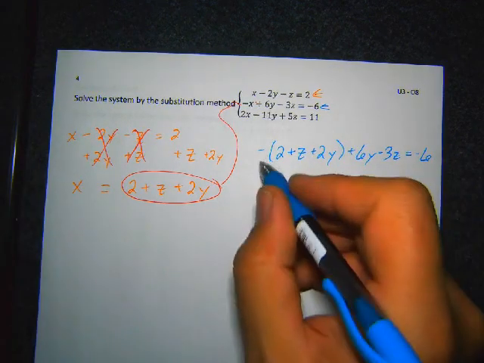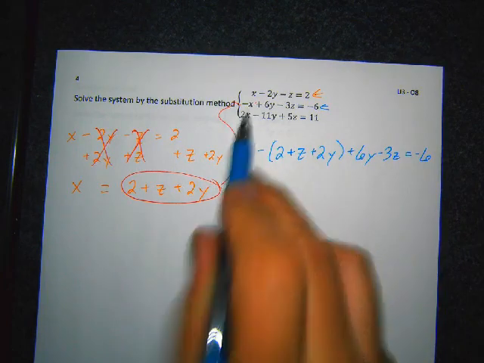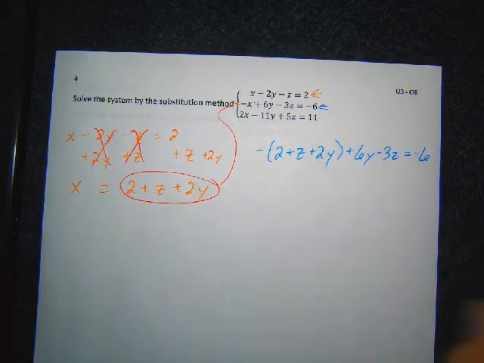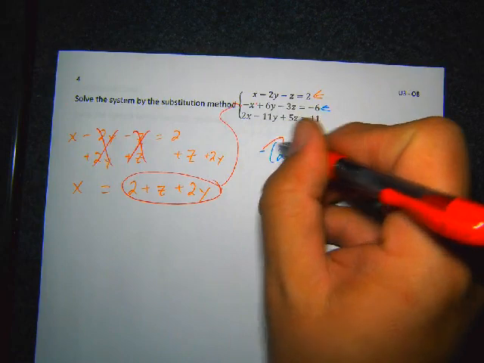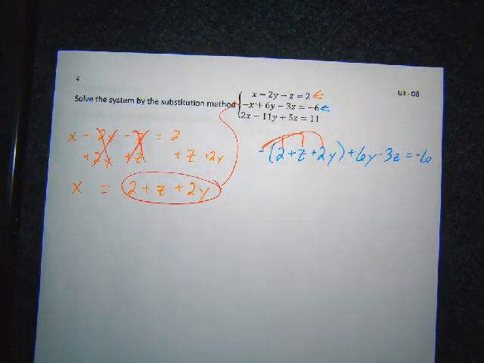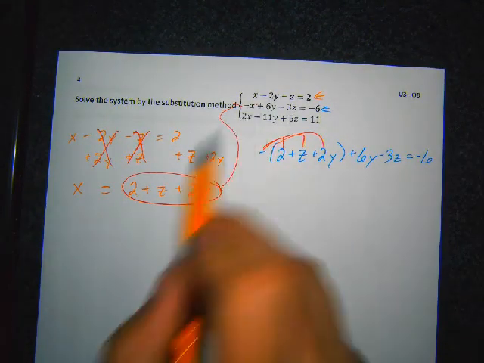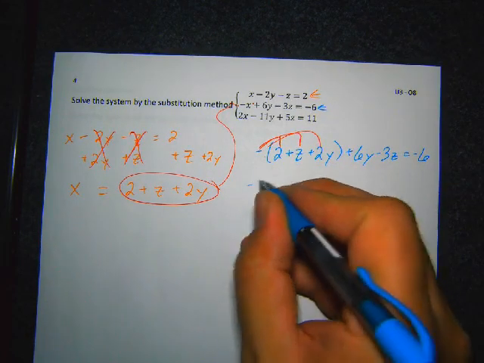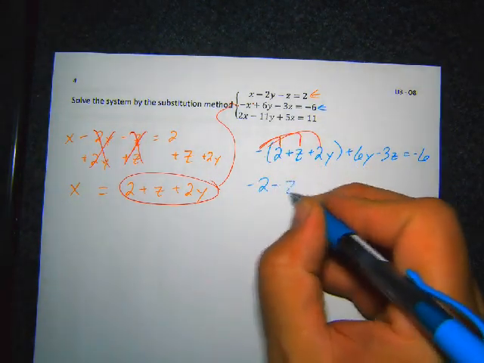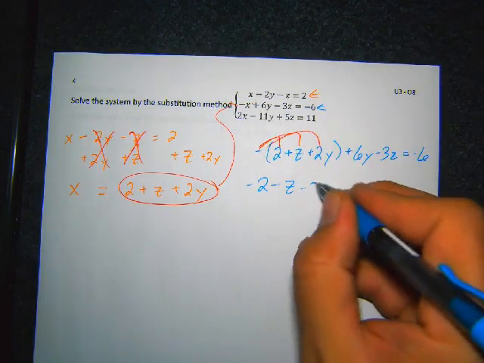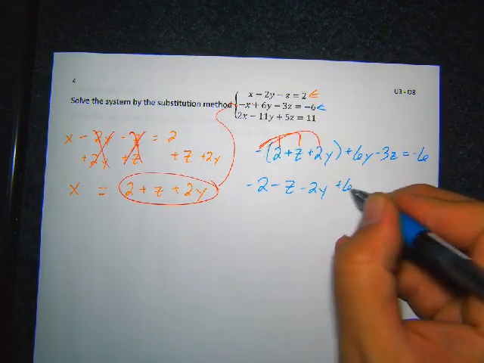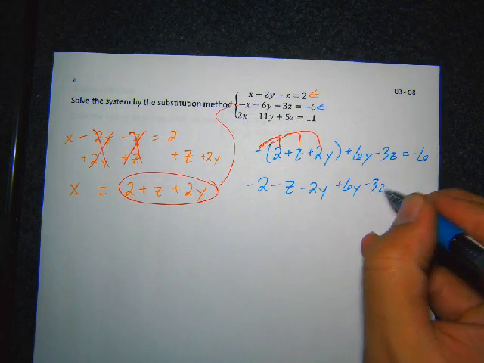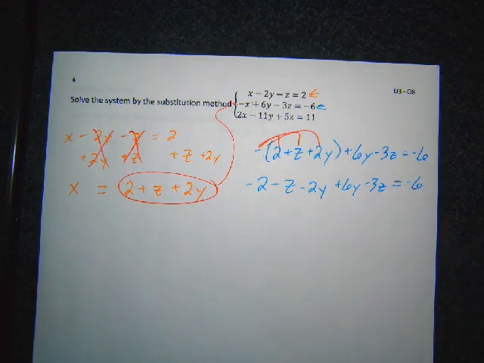The minus in front here, because there's a minus in front of the x and all this stuff replaced x, I'll go ahead and distribute that negative to make sure all three parts get that sign, because that negative has to go to everything that replaced the x. So I get negative 2, so minus 2, negative z, so minus z, negative 2y, so minus 2y, still plus 6y, still minus 3z, still equals negative 6.